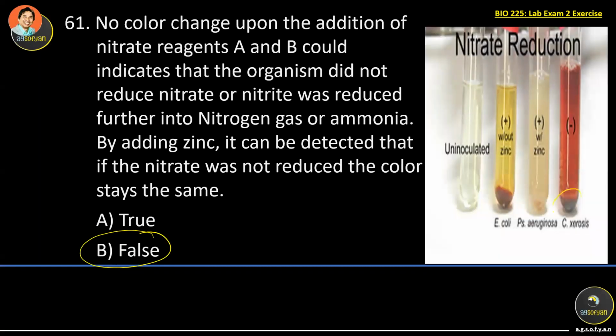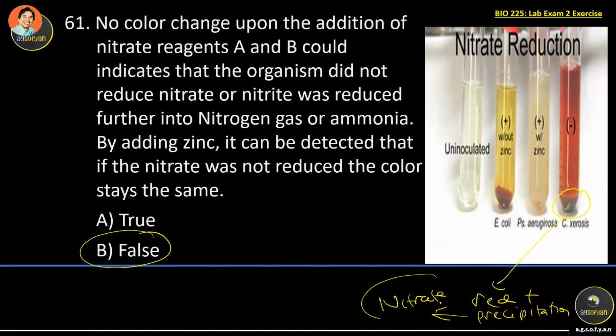When the nitrate was not reduced, the color will change into red, plus precipitation. This means the nitrate is present, the substrate is still there, so it is a negative result.